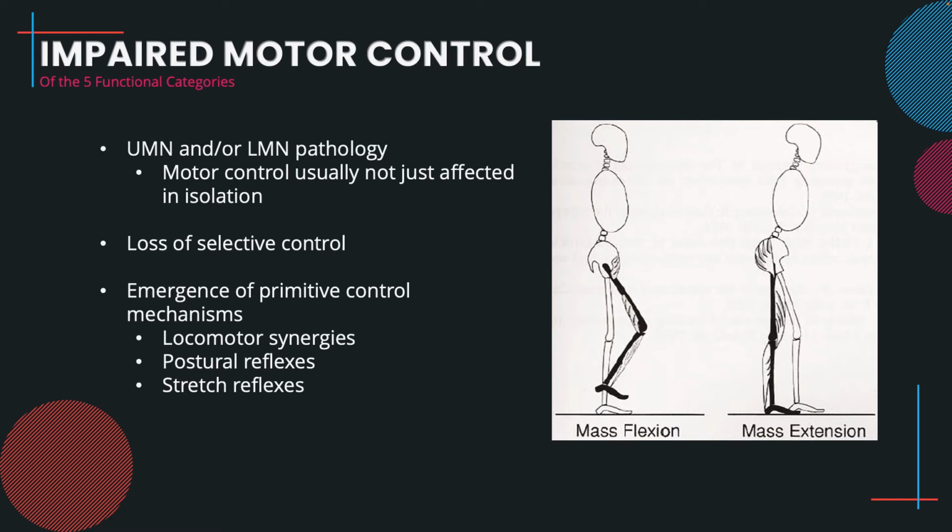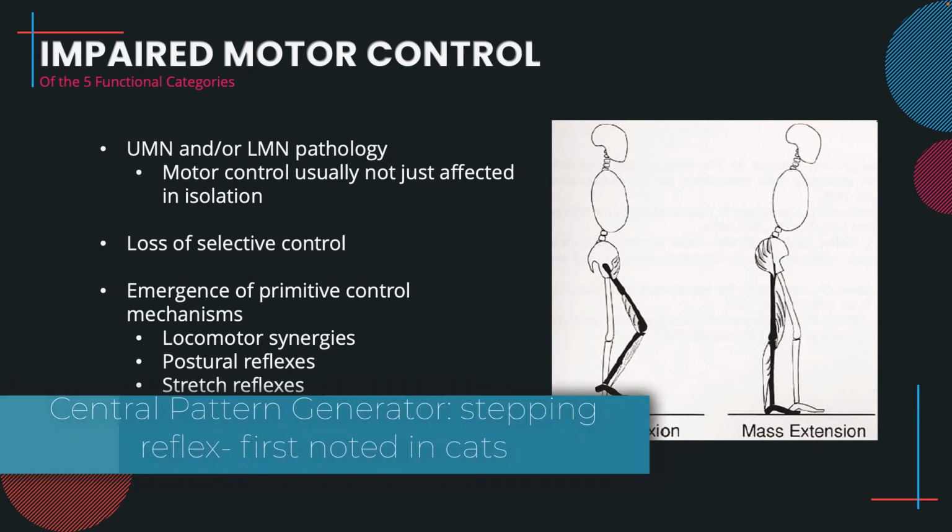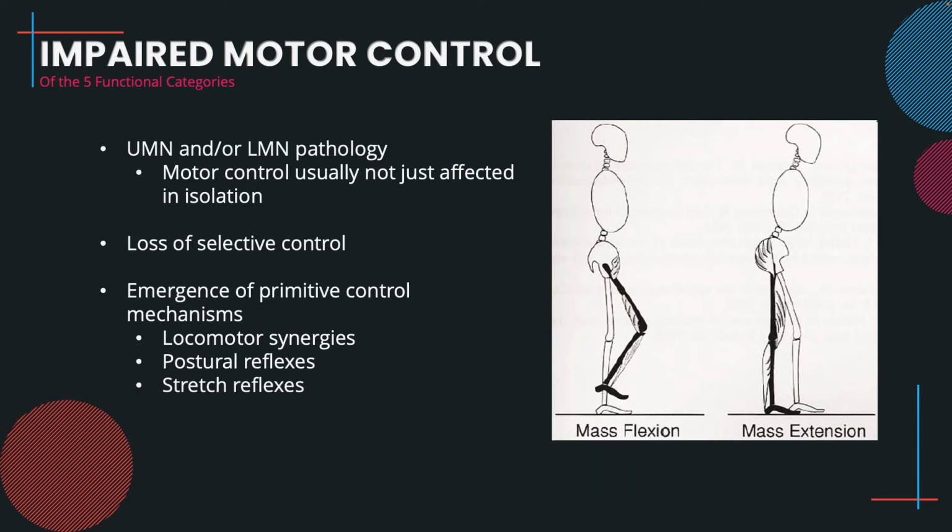One thing that we may see is a locomotor synergy or a central pattern generator that may provide an alternative to voluntary muscle control, where we see an exchange of flexion synergies that activate the hip and knee flexors and the dorsiflexors, and extensor synergies that activate the hip extensors, knee extensors, and plantar flexors. But we can also see flexion and extension synergies independently of one another, and these can have negative impacts on gait.